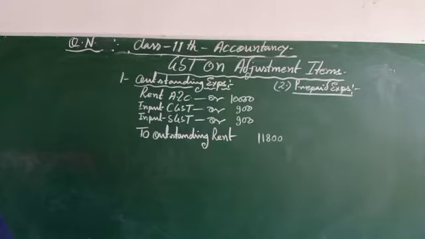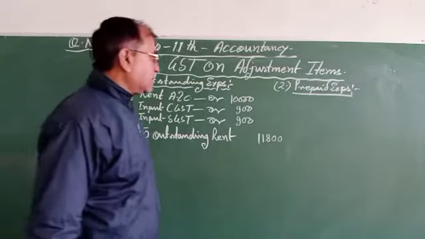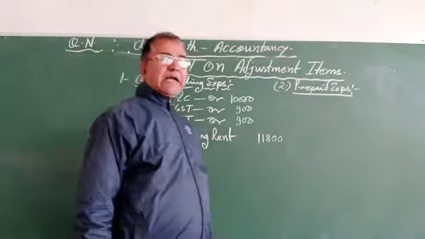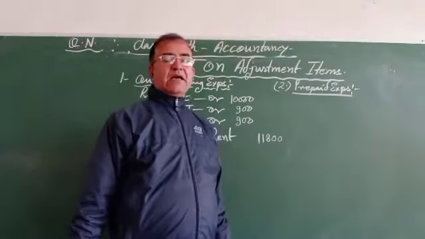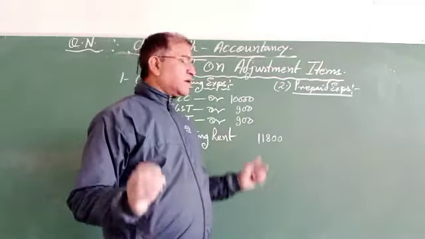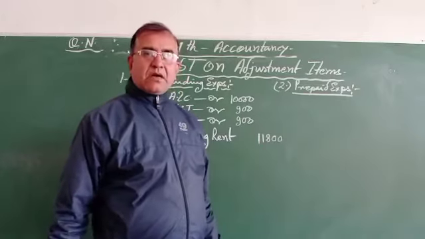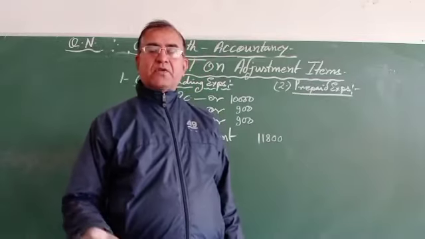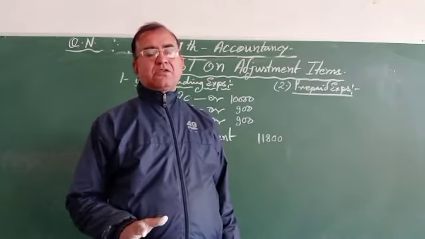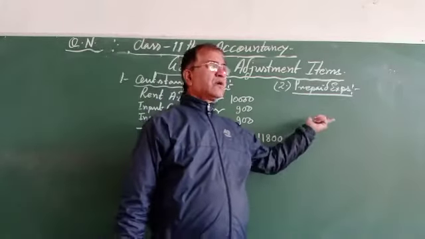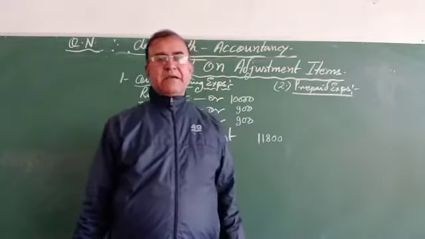For example, rent paid is 8,000, one of the items given in the trial balance, and additional information is given that 3,000 or 4,000 is advance. So in prepaid expenses, when the expenses were already charged, the input CGST and SGST were charged.